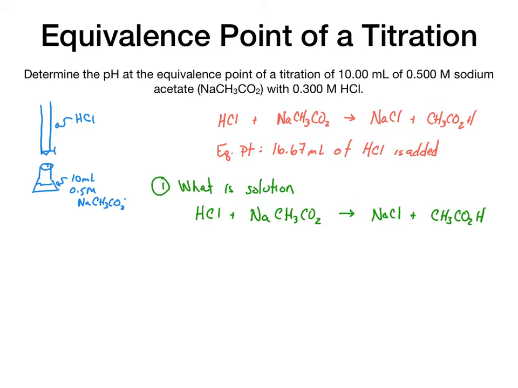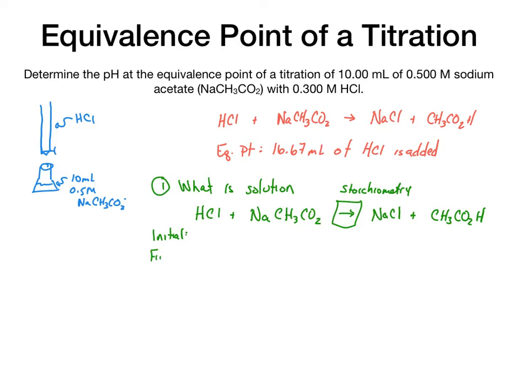And what we have to do is figure out what we are starting with, so that we can do stoichiometry. Remember, we have a single arrow. So this means that we need to do stoichiometry. And to do this, I make up a table.